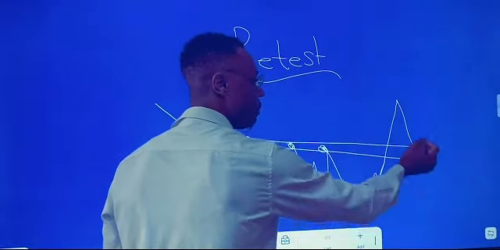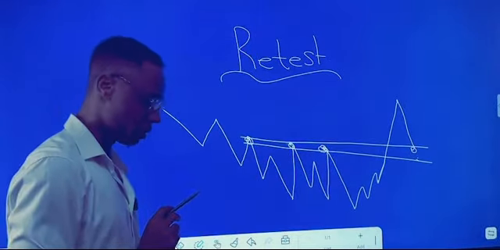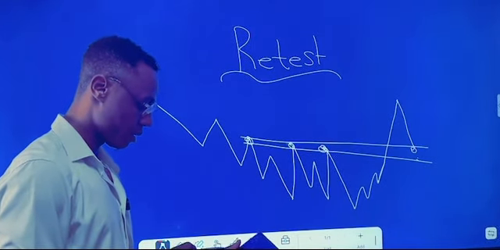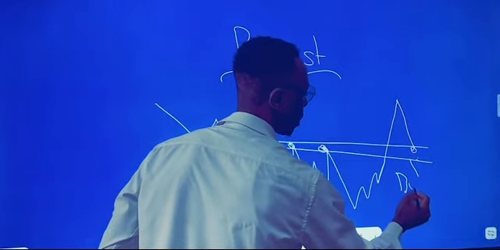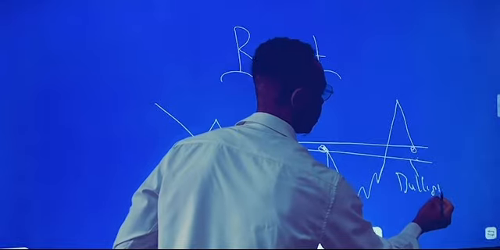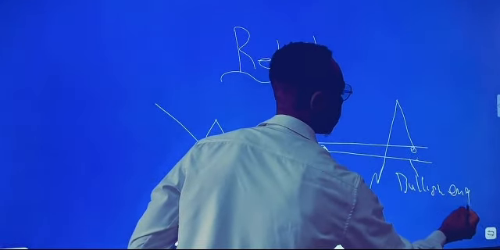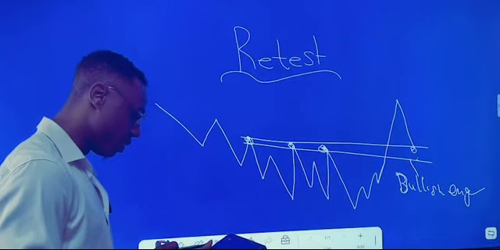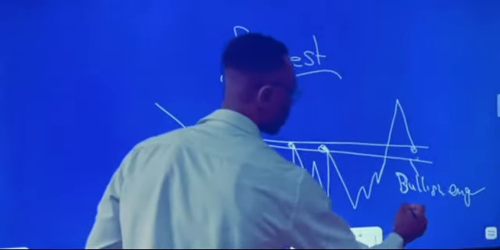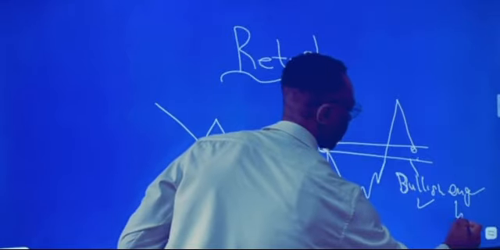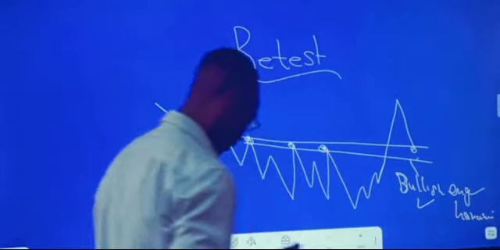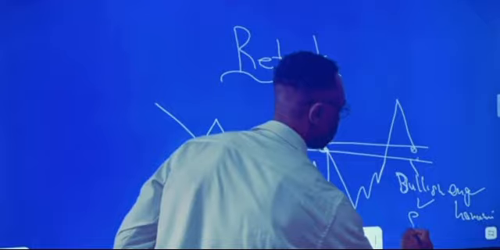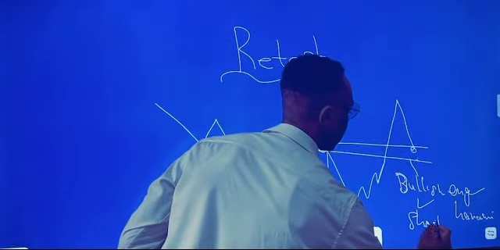You need to look for your bullish candlestick formation around this zone: bullish engulfing, bullish harami, shooting star, and hammer.